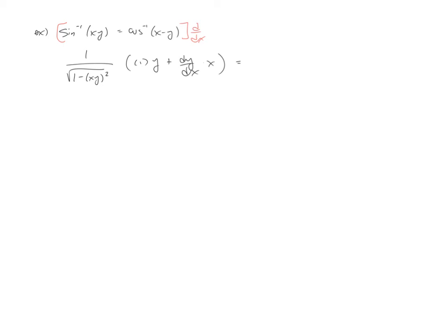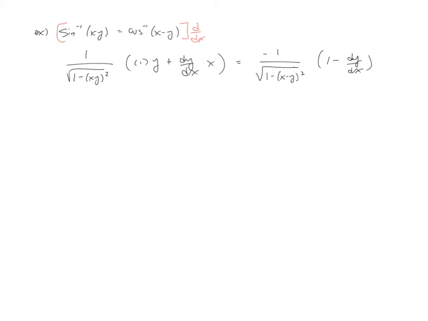Then on the right, pretty similar, because if you remember, the derivative for inverse sine and inverse cosine are the same, except that we have a negative for this inverse cosine. So it'll be a negative 1 over the square root of 1 minus whatever's inside, back times the derivative of the inside, which in this case would be a 1 minus dy dx.